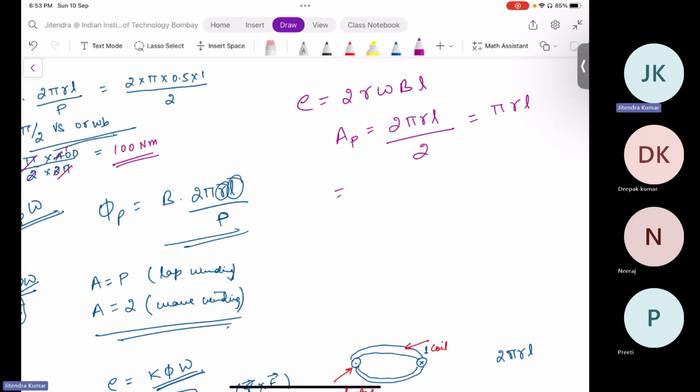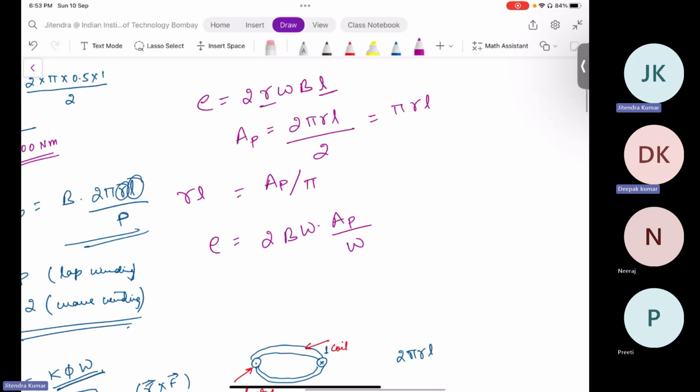Now we can write RL is equal to AP by pi. So EMF we can write 2B omega into AP by pi. If you further simplify B into AP, sorry, here it should not be omega, it should be pi.